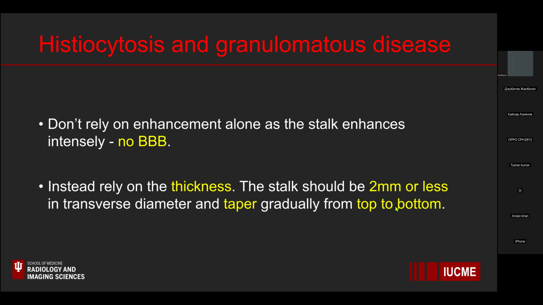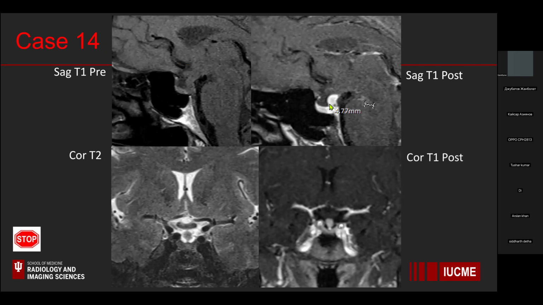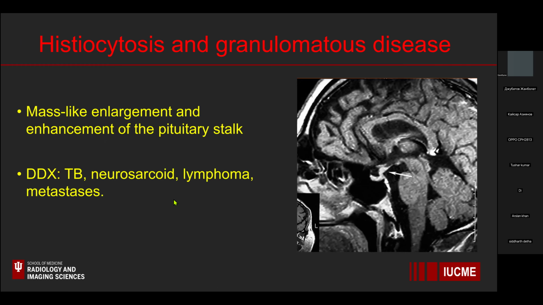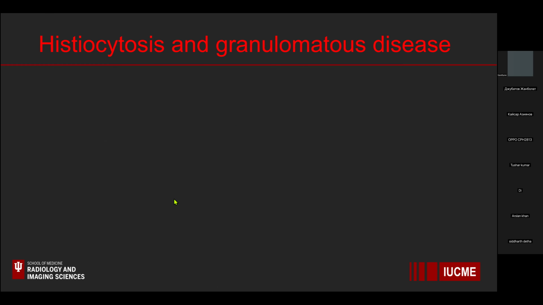As I've said before, it should be 2 millimeters or less in the transverse diameter, and it should taper gradually as it goes from top to bottom. And we didn't see that in this case, right? It didn't taper, nor was it 2 millimeters. It was very, very thick. So that's when we start considering these granulomatous and more malignant differential considerations.